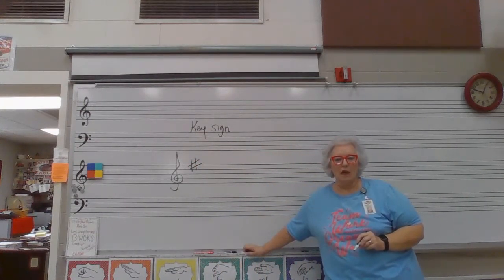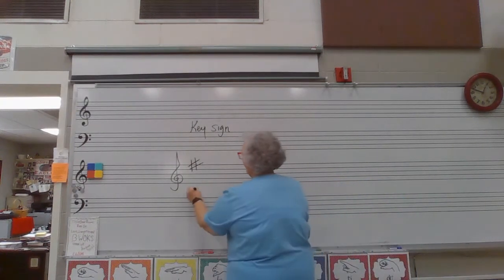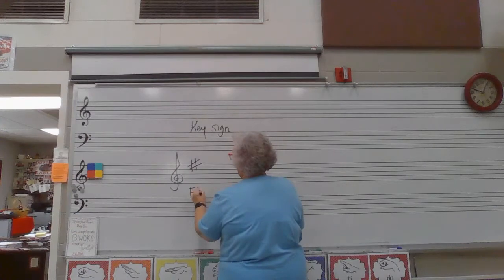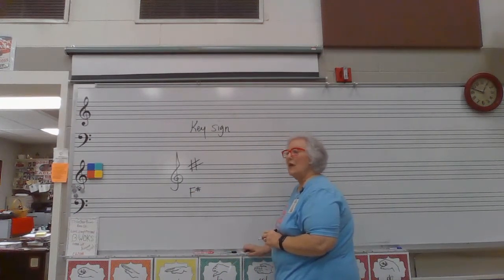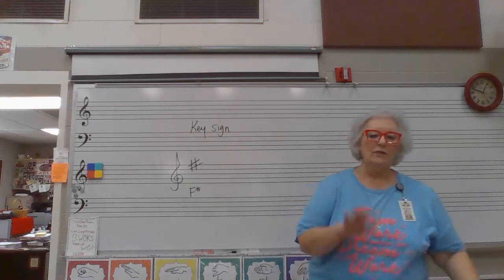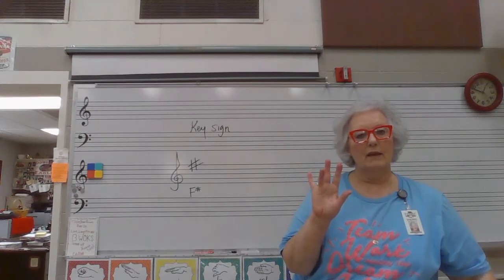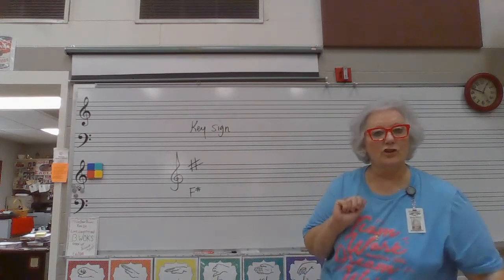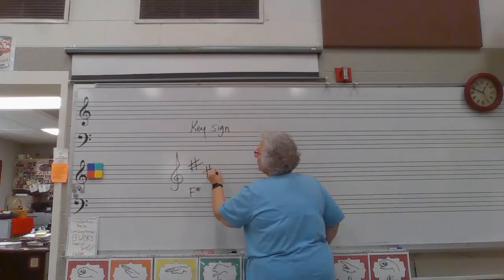It's on the top line, and it's an F sharp. All right, the second one that's added is 5 letter names up. So if we start with F: F, G, A, B, C. So the next sharp is a C. We put it on the third space.